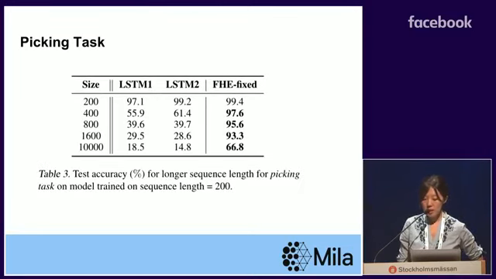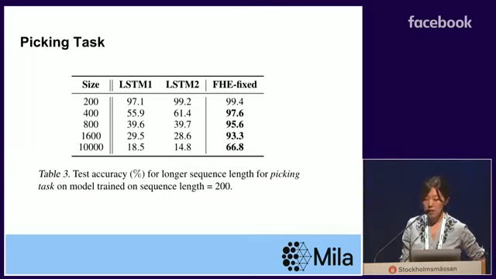Right, so the next test that we performed is the generalization ability on longer sequence lengths. And this is for the model that's trained on a sequence length of 200. We tested on sequence lengths from 200 up to 10,000.